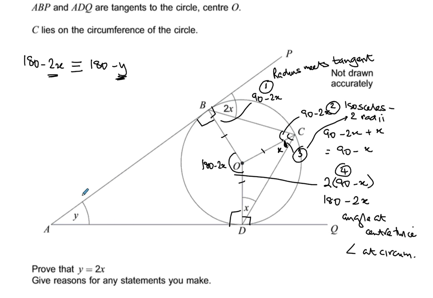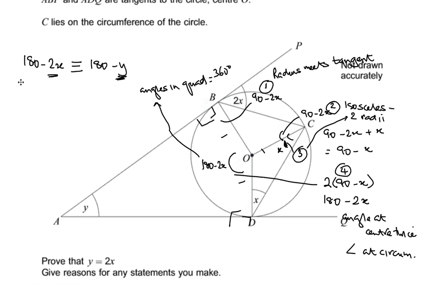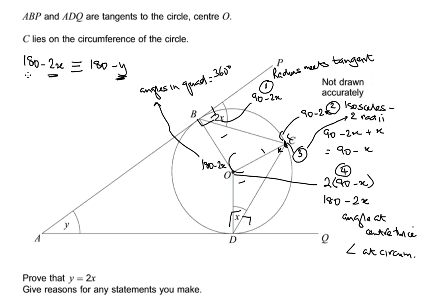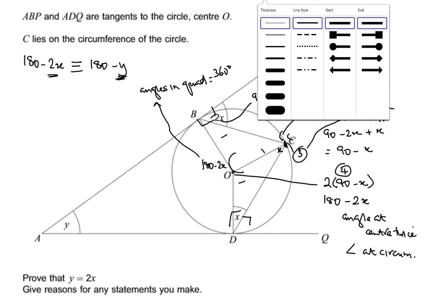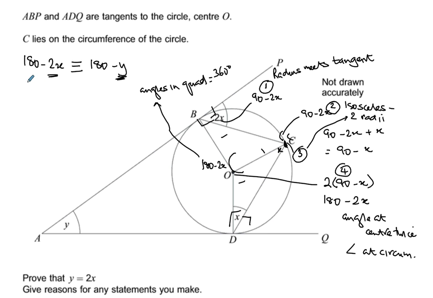And then of course we did that there, and we'll just say angles in quad equals 360. So then therefore, oops, sorry, something's gone wrong here. Let's just fix this, sorry about that. Okay, so then we've got that there.